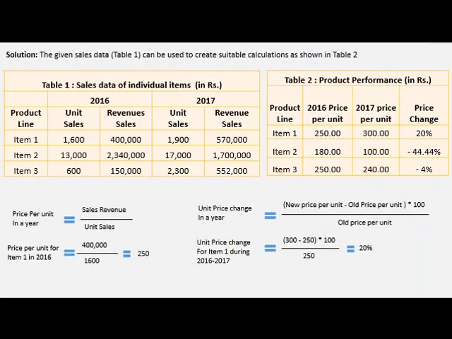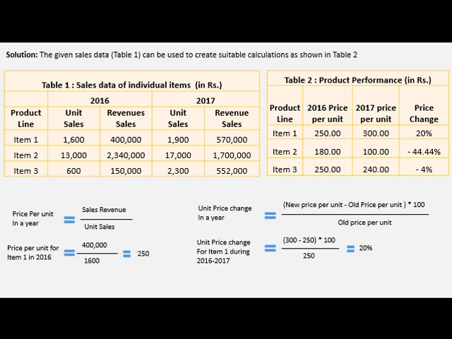As the first part of creating Table 2, let's look at calculating the unit price in 2016 and 2017 and also understand calculating unit price change. The unit price can be calculated by dividing the sales revenue by the unit sales for a particular time period, say a year. So, for item 1 in 2016 it will be 400,000, that is the sales revenue, divided by 1,600, that is the unit sales.